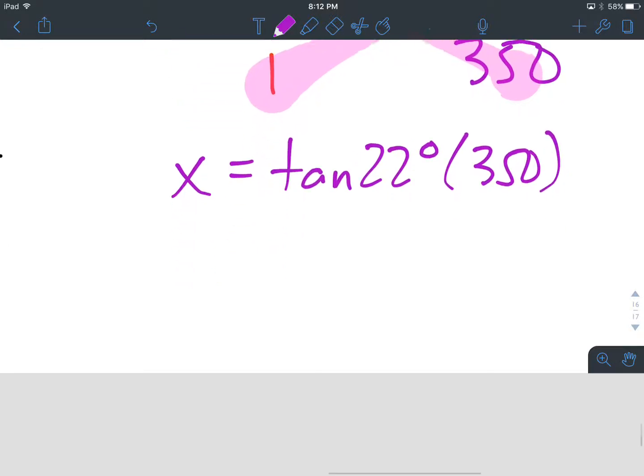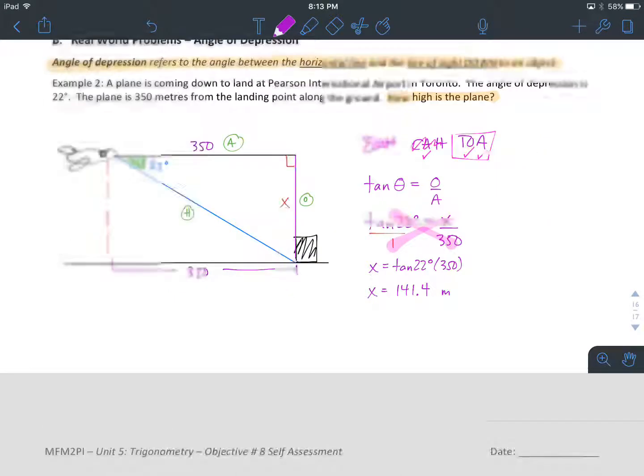And that I will type into my calculator. So the tangent 22 degrees times 350 equals 141.4, and that was meters. So that's how high our plane is above the ground.